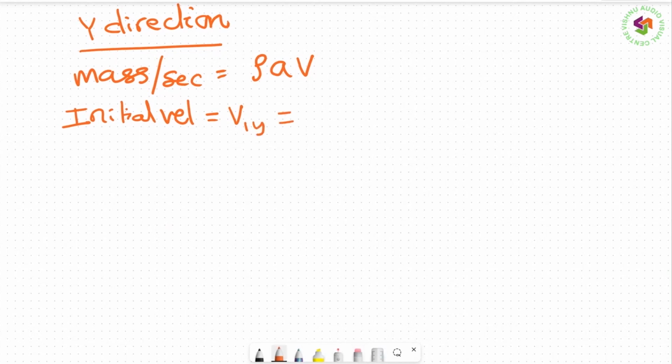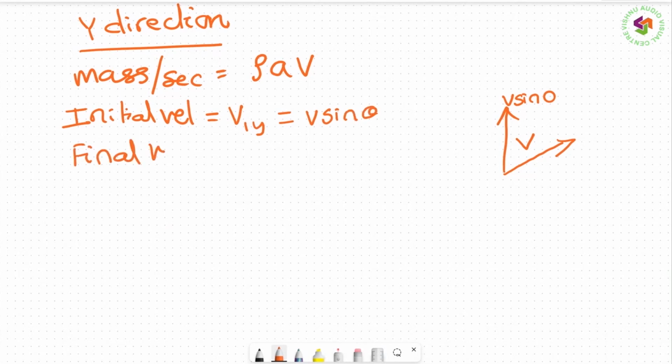v1y is equal to... So how the jet is striking, this is how it is striking. So this is v. What is this direction? If you take it actually, this is v, it is v sine theta. So v sine theta. Then final velocity, it is v2y.